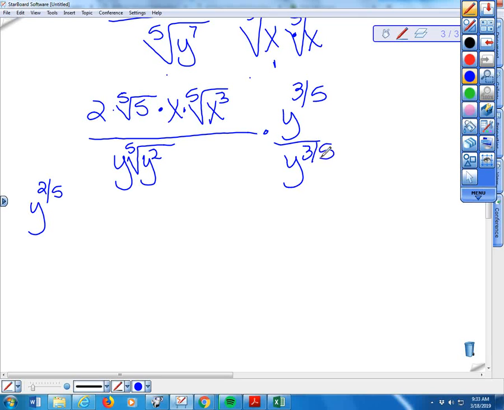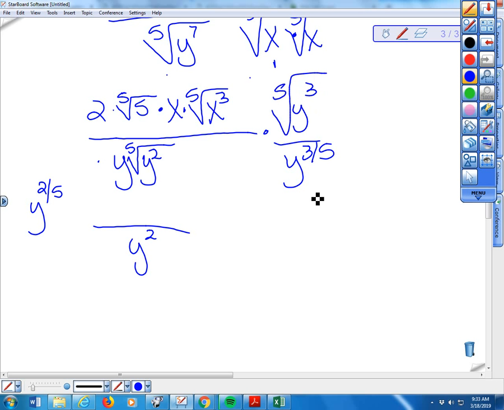I know that this root, the fifth root of y squared, becomes y. So now I have y squared in the denominator. I already had a y. Everybody with me?